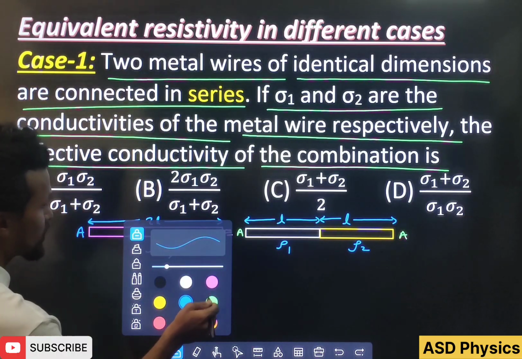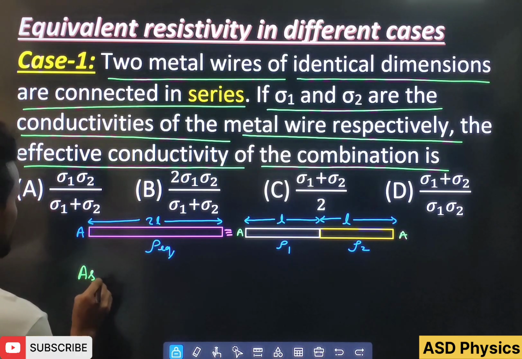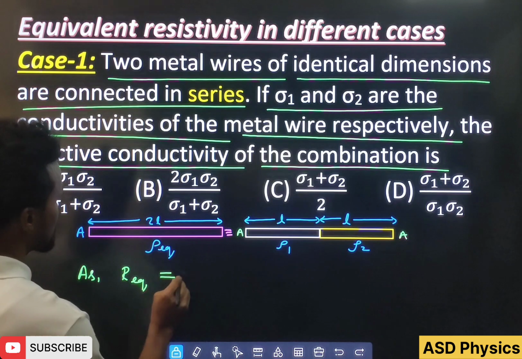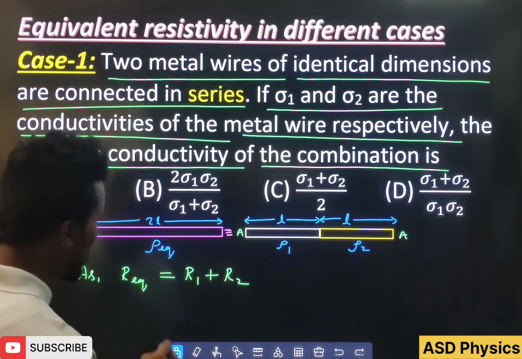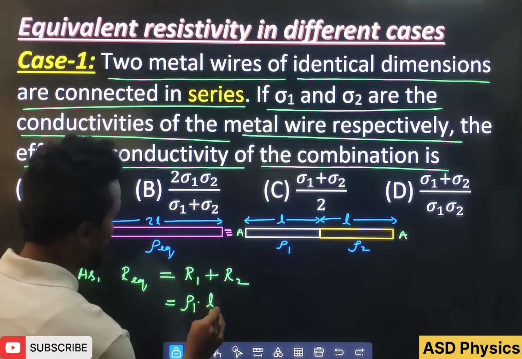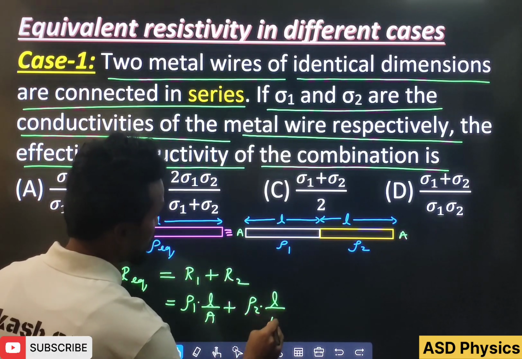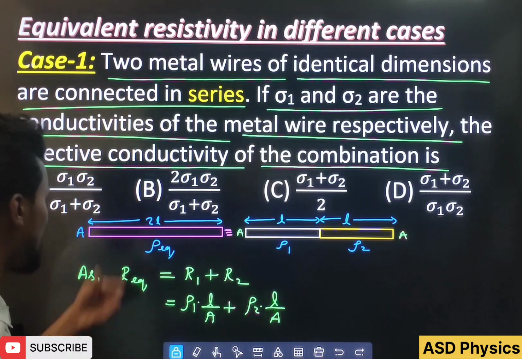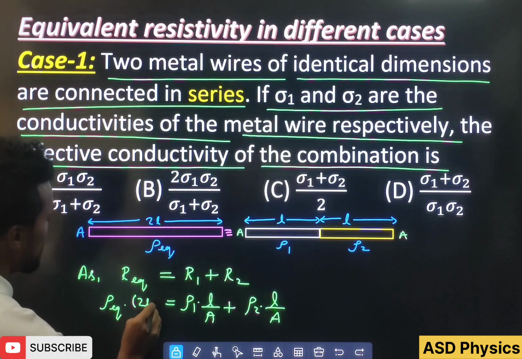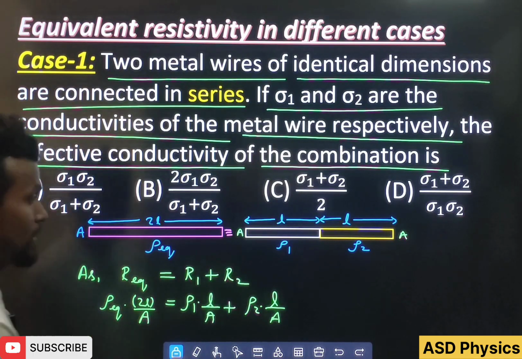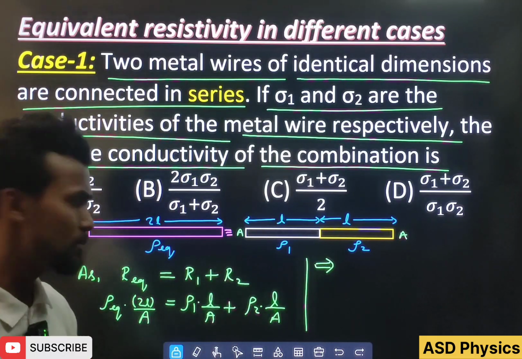Then after that, what will we do here? We will apply the normal formula. What is the normal formula here, students? R equivalent is equal to R1 plus R2. Now R1 is given by rho 1 into L by A. Similarly, rho 2 into L by A. And R equivalent is given by rho equivalent into 2L by A. Remember that, 2L by A. When you simplify both sides, L by A will cancel out.